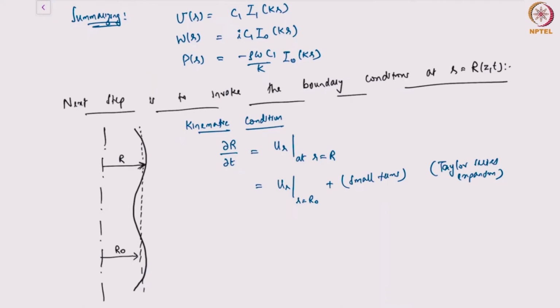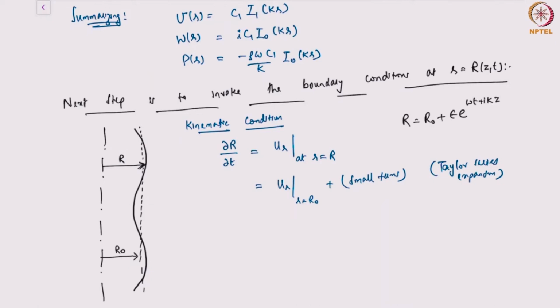which is at r equals capital R. But the velocity at r equals capital R can be expanded about r equals r naught using a Taylor series expansion. Remember r is equal to r naught plus epsilon e power omega t plus I kz.